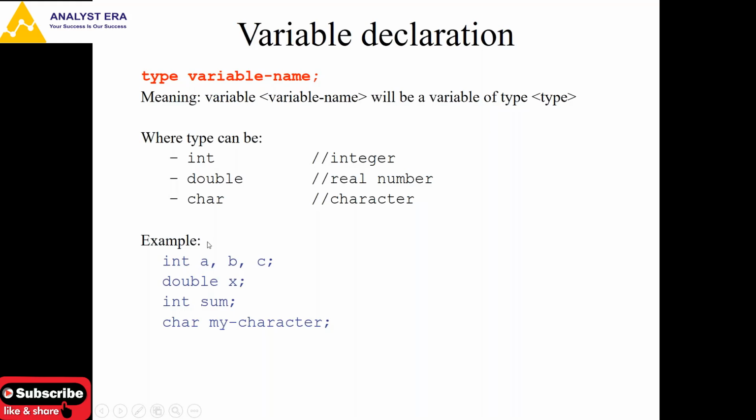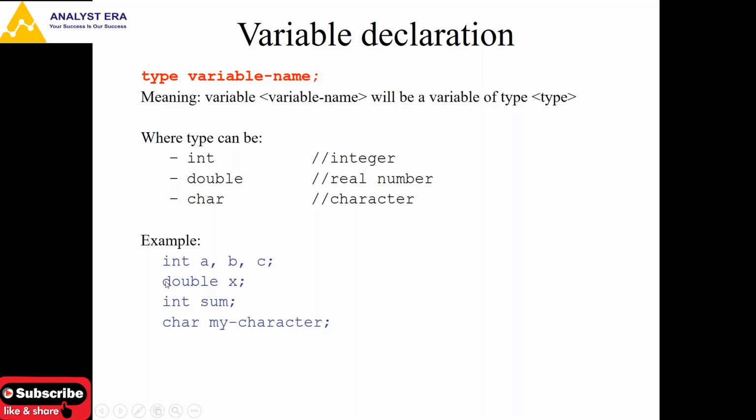So how to declare it? In the example below in blue, this is exactly the code we write in the main function. Suppose a, b, c are variables of type integer. We write the type first, integer, and then its name. You can name it anything, like my integer, employee number, or my roll number, but prior to that you have to say that whatever you are writing is an integer.